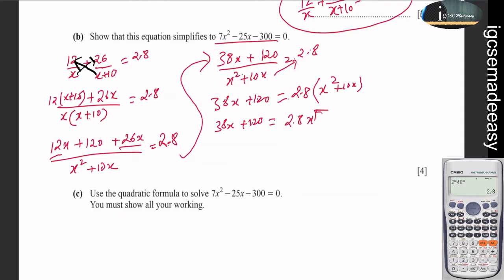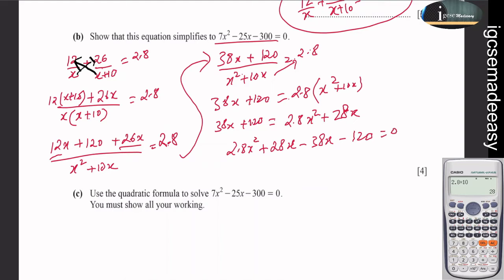If we simplify that, 38x plus 120 equals 2.8x square plus 2.8 into 10, which is 28. So we can write 28x there. So let us pair the like terms with like terms. I'll keep the 2.8x square plus 28x minus 38x minus 120.